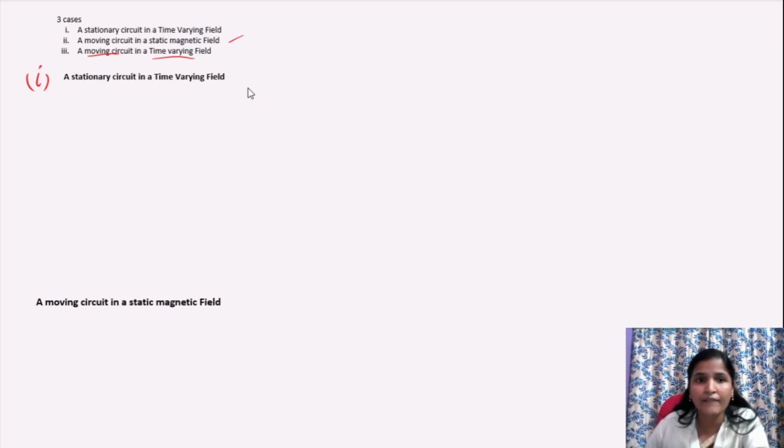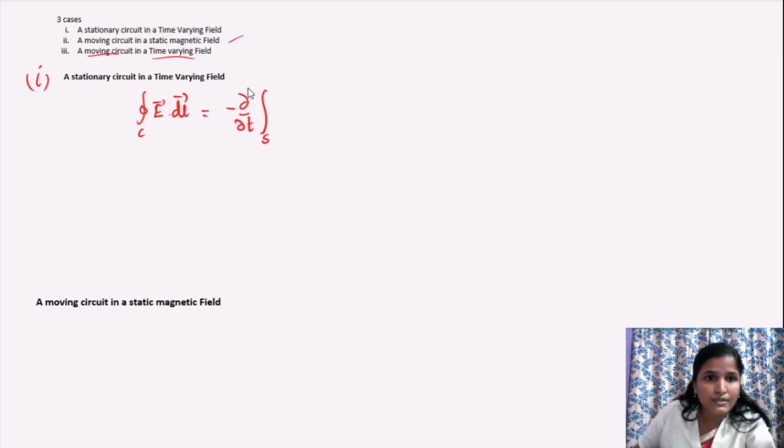Okay, so let's see the first case, that is a stationary circuit in a time varying field. We'll start with the equation, that is closed line integral of E dot dl, which is equal to minus dou by dou T into surface integral of B dot ds. Now let's give some meaning to this left hand side.